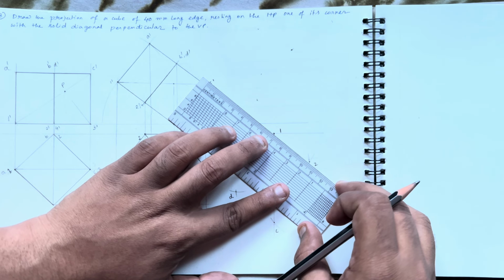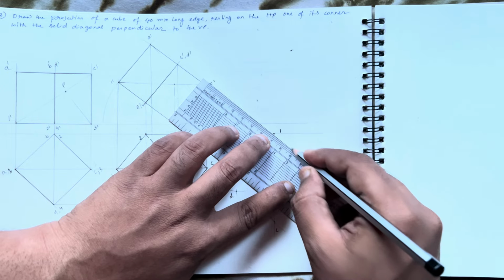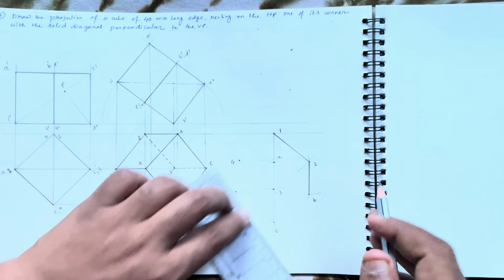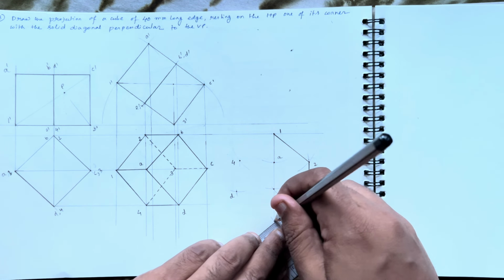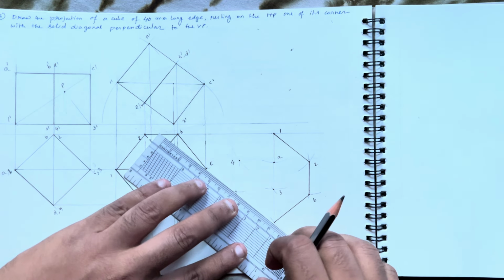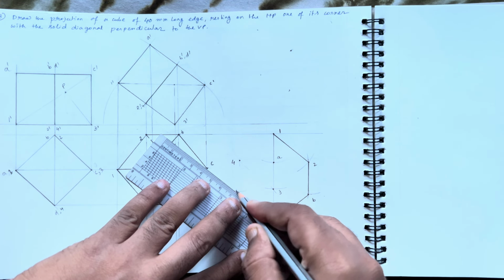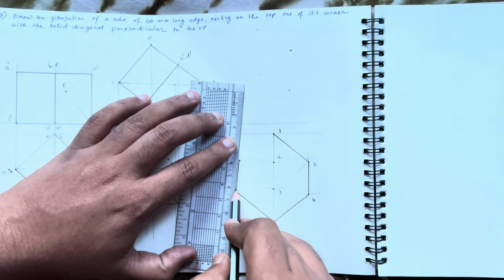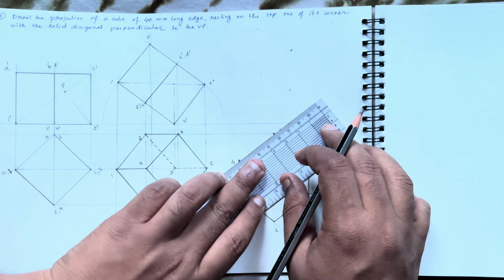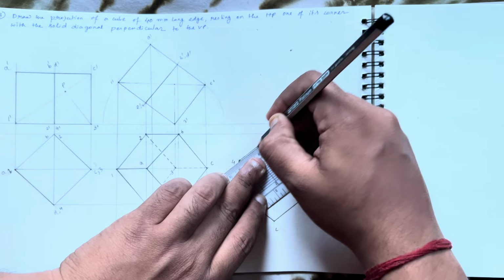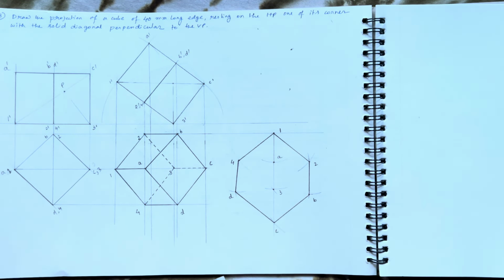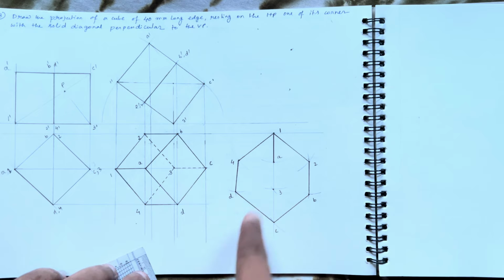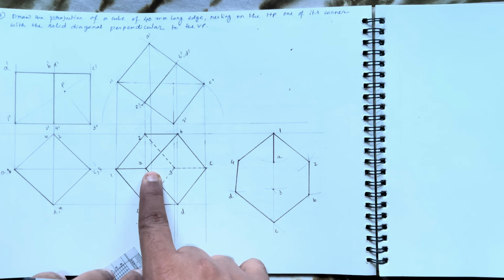So now join all the exterior points in dark line. 1 to A is dark. A to B is dark.